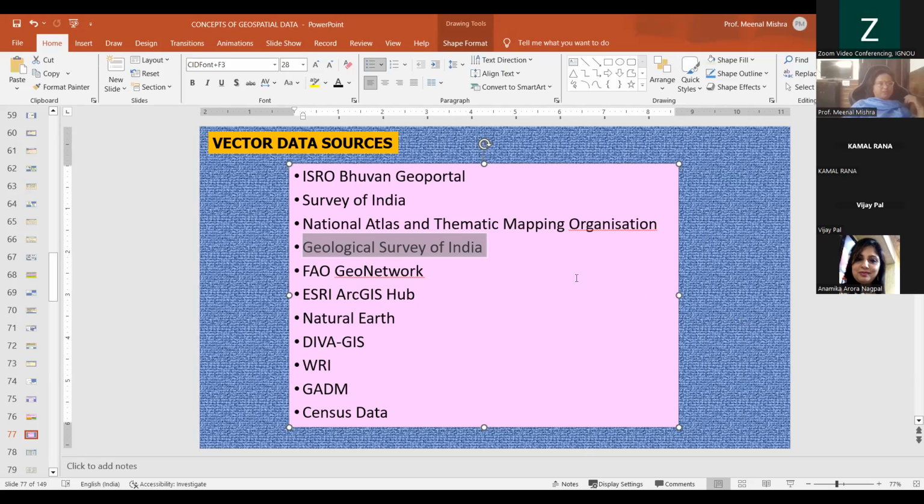Some of the things are free, but not all. These memoirs, records and journals you can get from the GSI portal, and they have mapped the entire country at 1:50,000 scale.